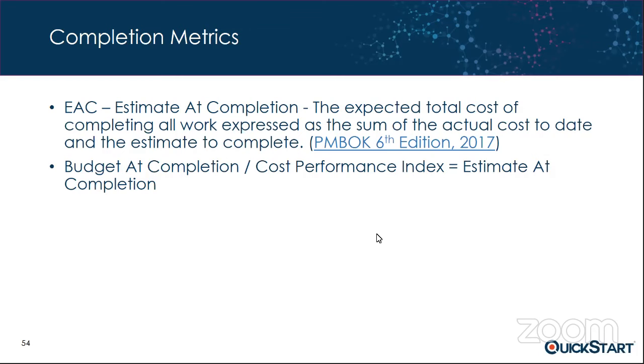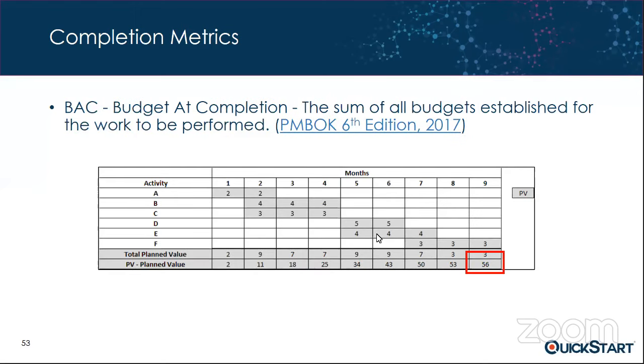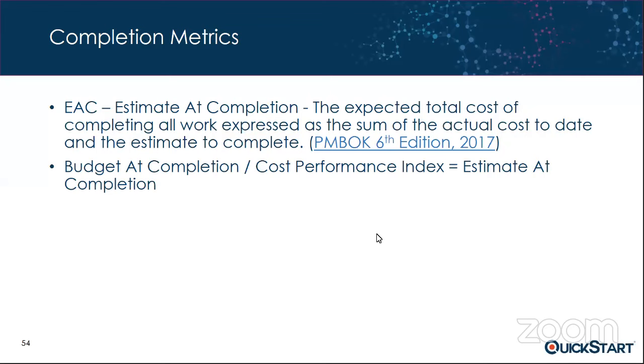If we take budget at completion, which remember is this variable here, and our cost performance index that we calculated just a moment ago, and put those 2 variables into this simple little formula, we can see that our estimate at completion is 68.727.